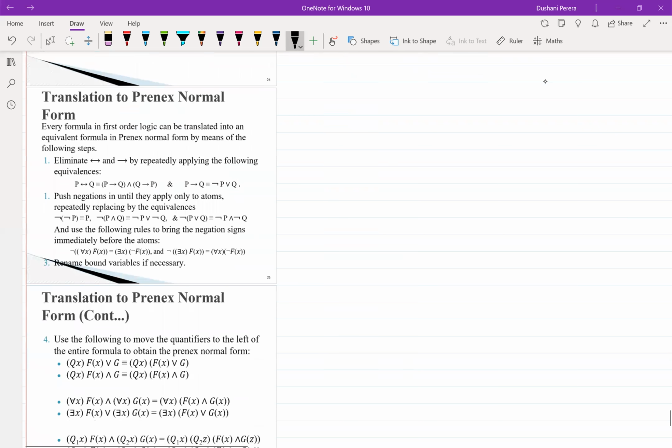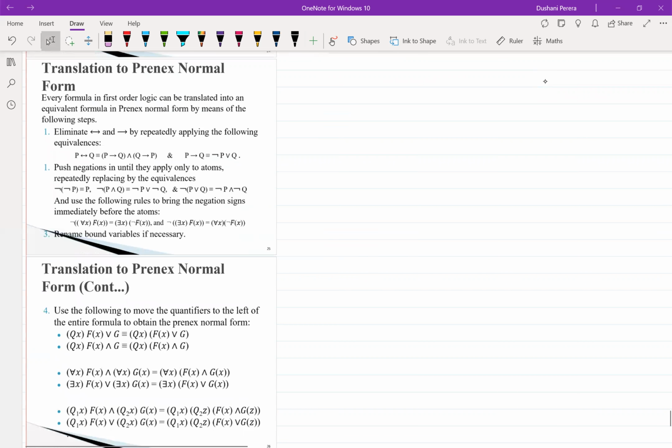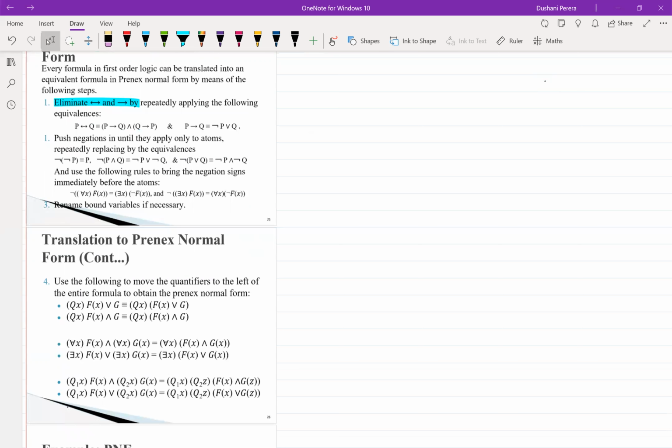You use a similar method to what we used before for CNF and DNF. So you eliminate implications and bi-implications. Then you push the negations inside the clauses so that the atomic literals contain the negations, not the clauses.